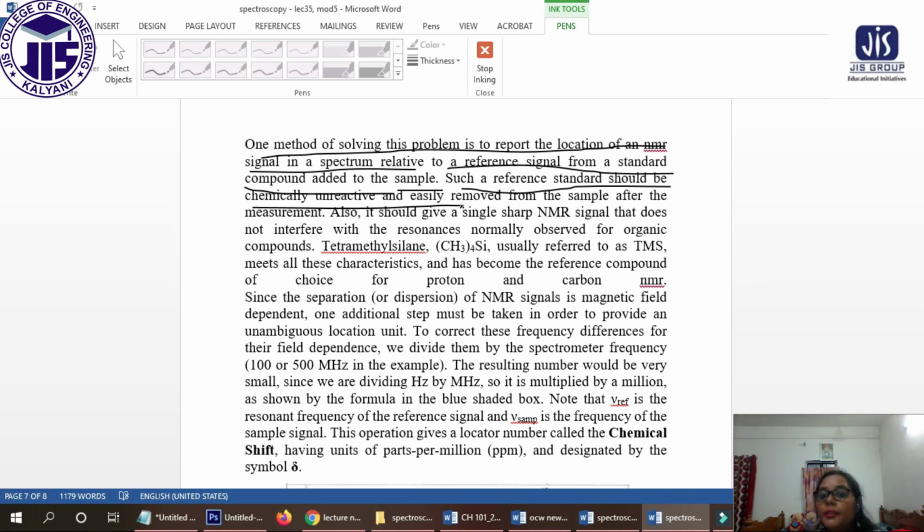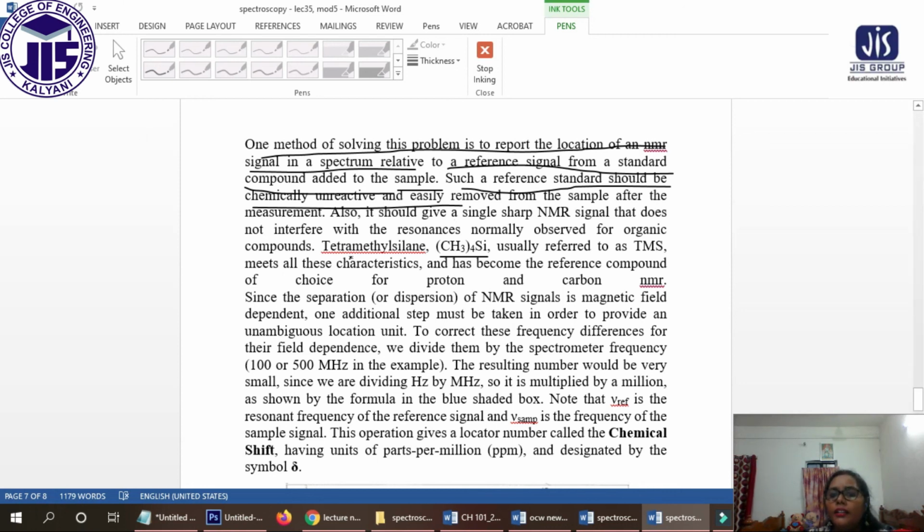If we have tetramethylsilane, this is the chemical formula of tetramethylsilane, that is (CH3)4Si. Tetramethylsilane is usually referred to as TMS. It meets all these characteristics and has become the reference compound for this spectroscopic technique.